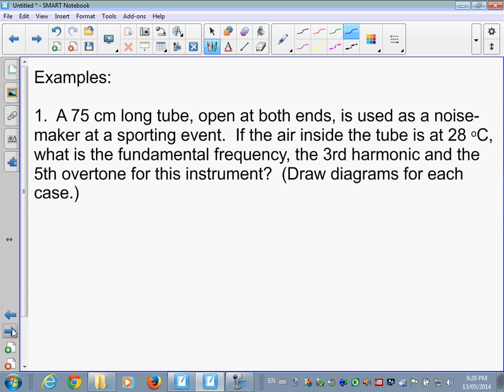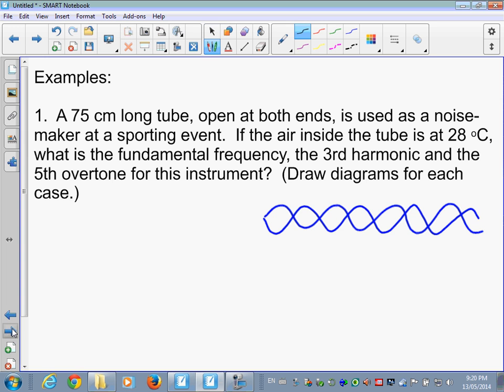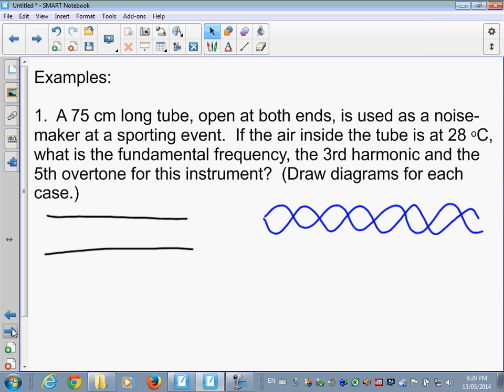What I'd like to do actually is let's start backwards. Let's start off with the fifth overtone. So I said before, draw yourself a standing wave. And what we're looking for is an open tube. So there's my open tube. My standing wave for an open tube is going to start at an antinode.